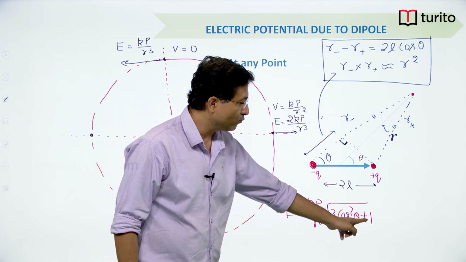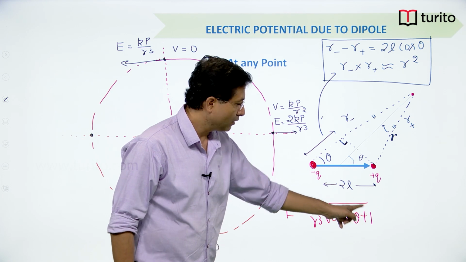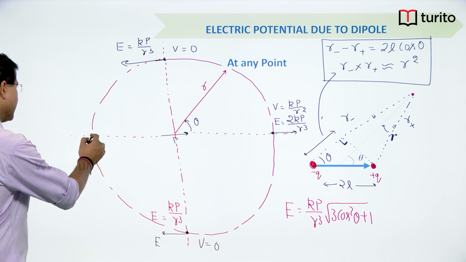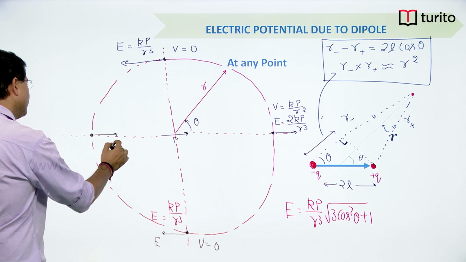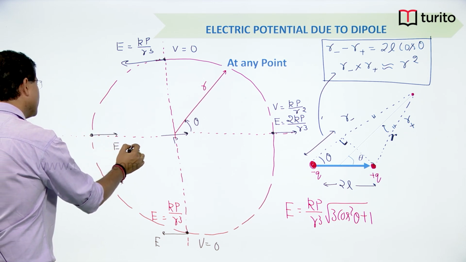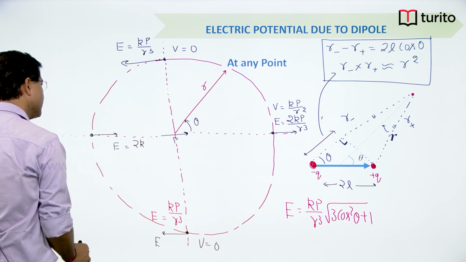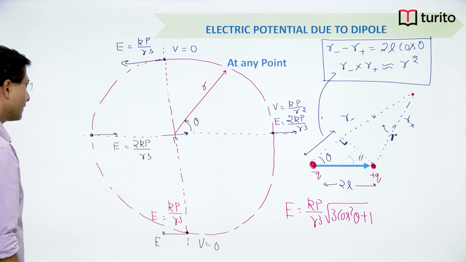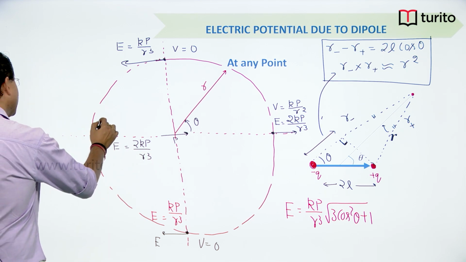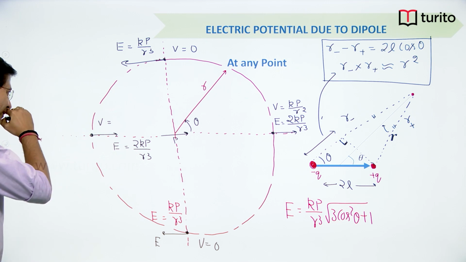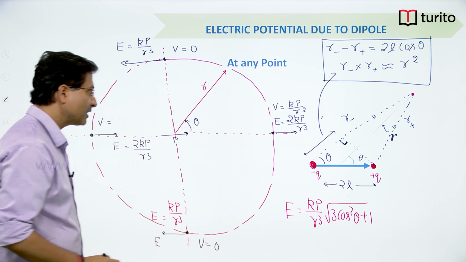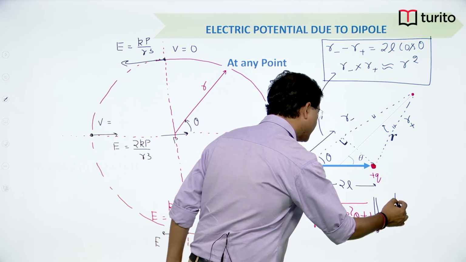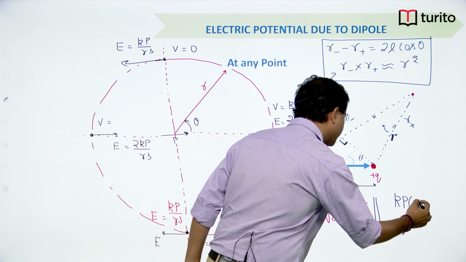So this will become 3 plus 1, 4, under root 4, 2. So here you will get field E is equal to 2kp divided by r cube, and the potential at this particular point, look at the expression of potential we just got, kp cos theta divided by r square.